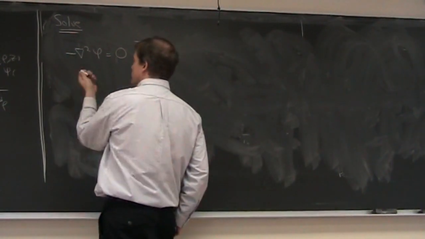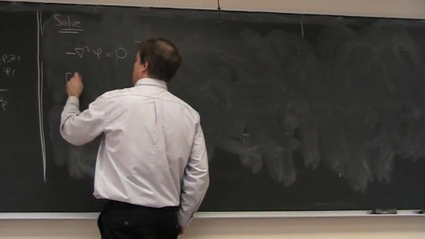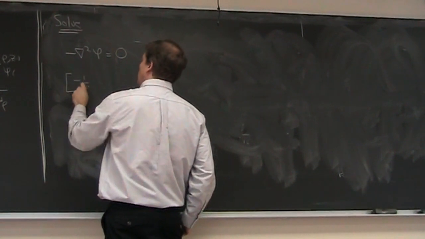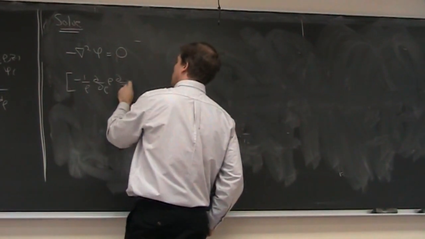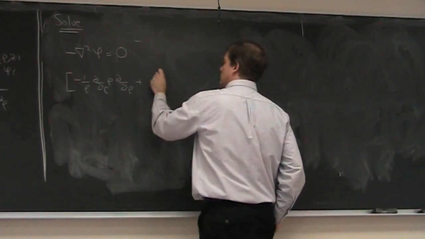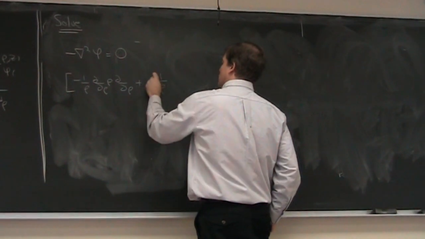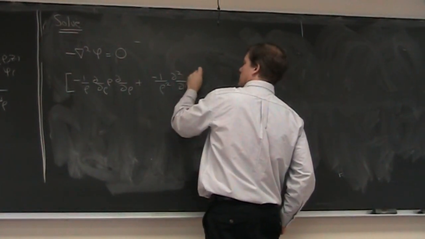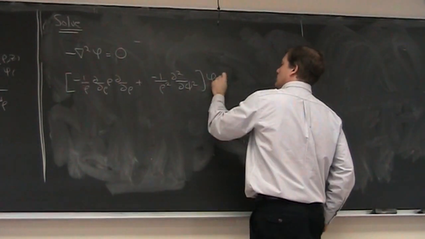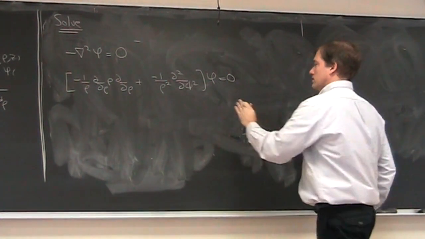So we use cylindrical coordinates. Right, so we get minus 1 over rho, partial rho, rho partial rho, minus 1 squared, something like this. Okay, what am I doing?